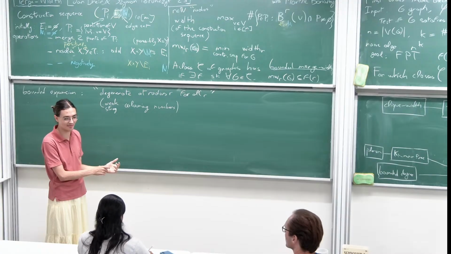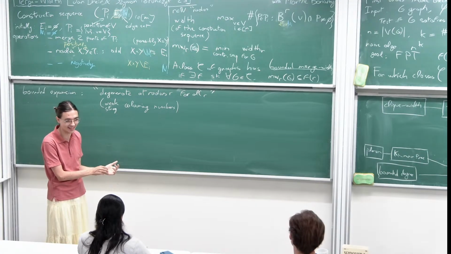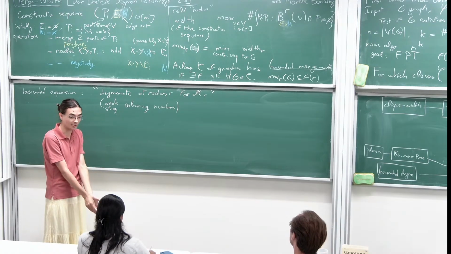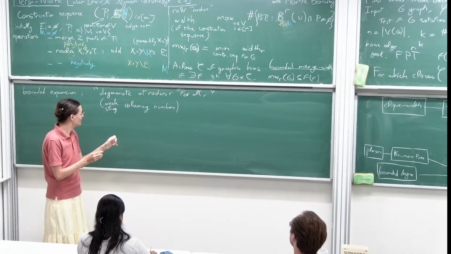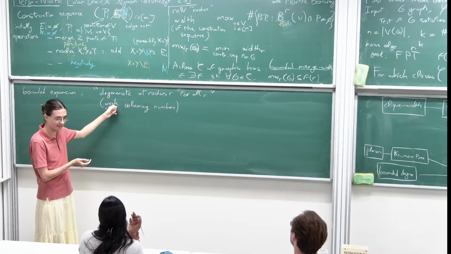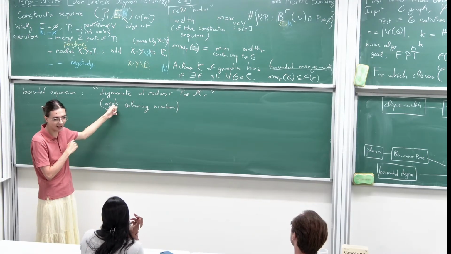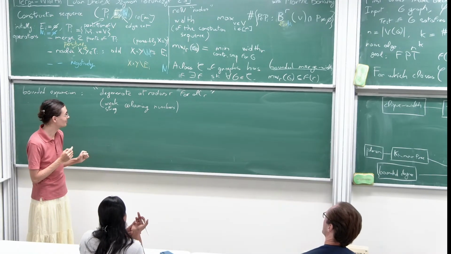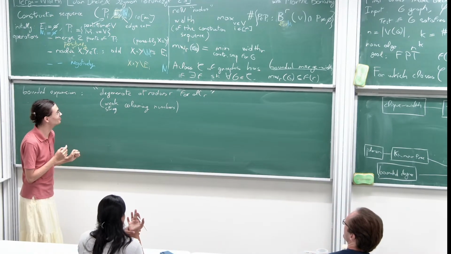I'm cheating, it's actually a bit harder, but that's essentially the idea. So yeah, degeneracy gives you a bound on merge width at radius 1. The weak coloring number at radius r plus 1, I think, will give you a bound on merge width at radius r. So if it is bounded for every r, merge width is also bounded for every r.